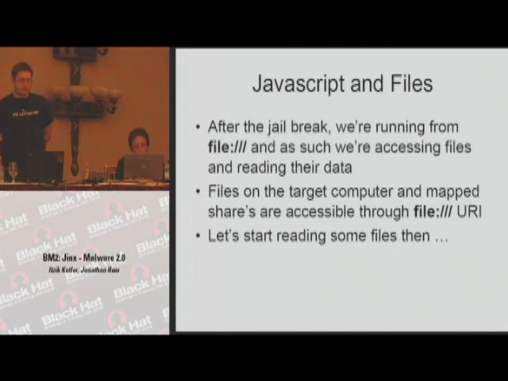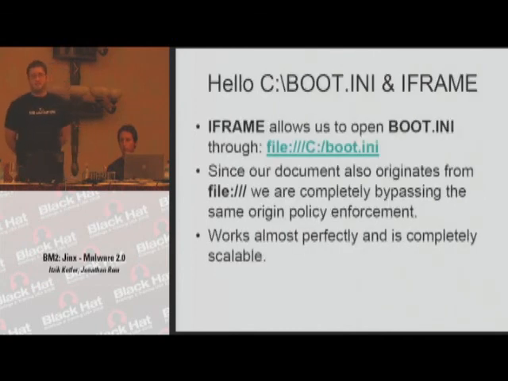Currently, Jinx is not quite favorable on Firefox 3. So the breach in the file URI handler is what we rely upon for this version of Jinx to perform the jailbreak procedure. So we already have file access in the system, and we want to start reading files, right?